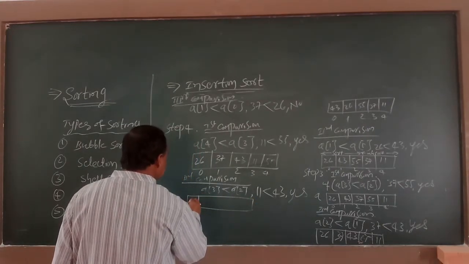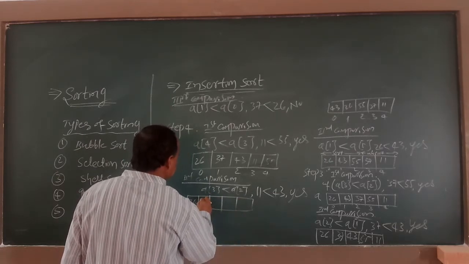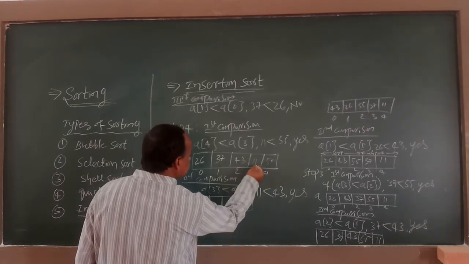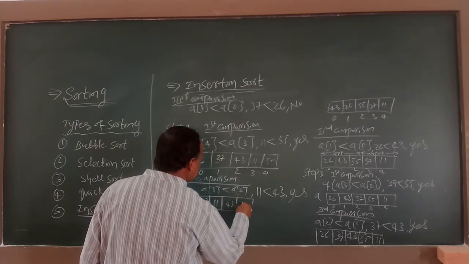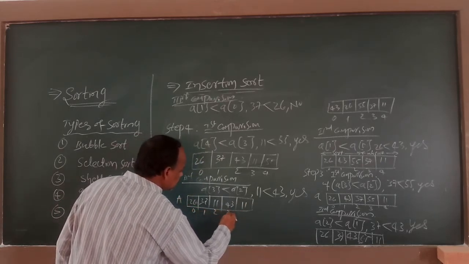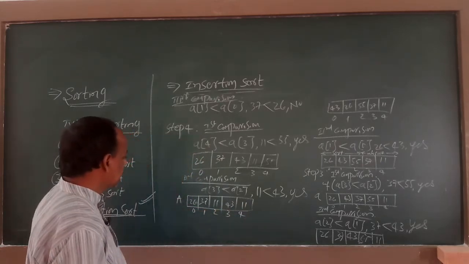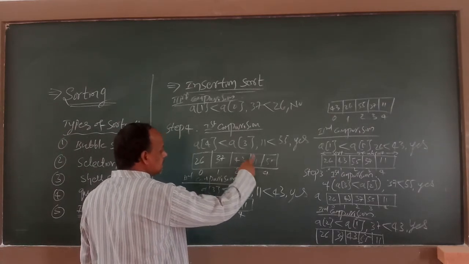Interchange them. That is 26, 37, 11, 43, 55. The array A means 0, 1, 2, 3, 4. Right? A of 3 is less than A of 2, A of 3 means 11, 11 is less than 43.